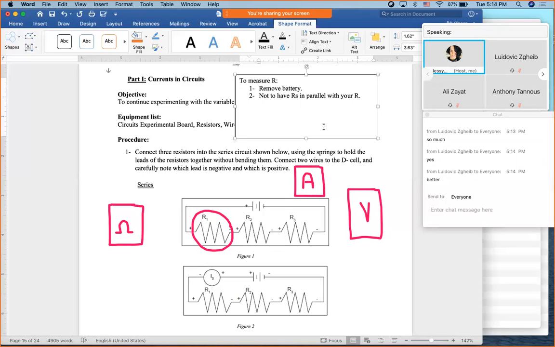Now another question, how do you measure the voltage? We plug a voltmeter across the resistor we want to measure. We plug it in parallel with it. Okay, exactly what Anthony said. So do we keep the other resistors? Do we keep the battery?